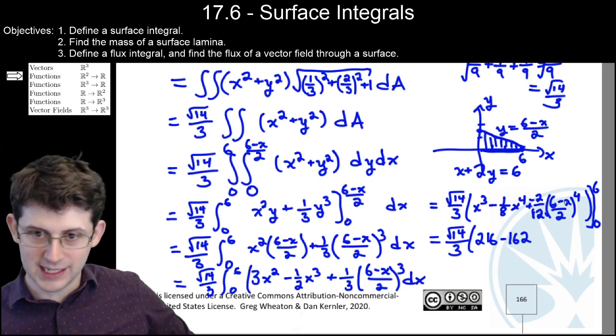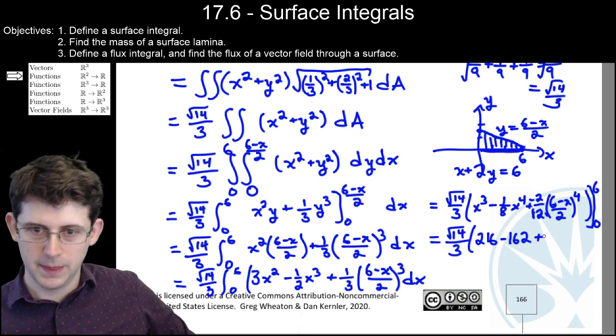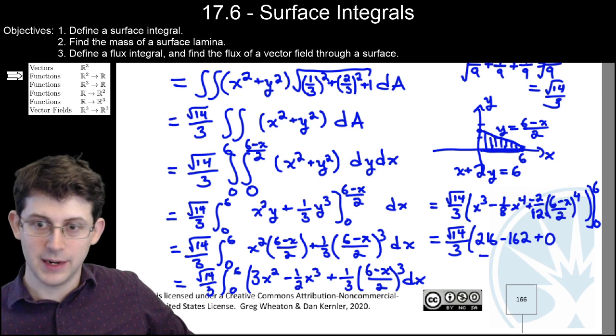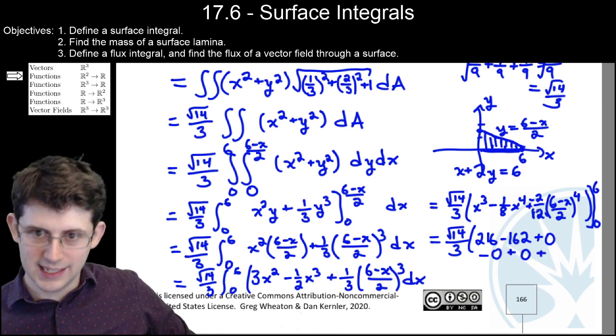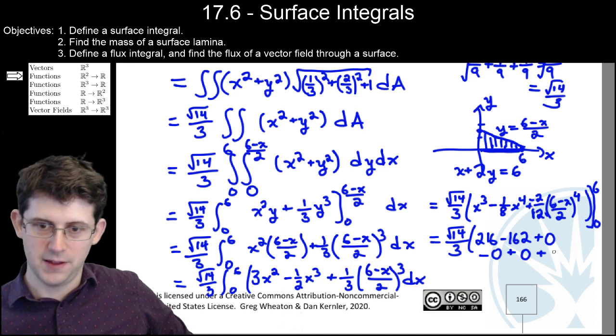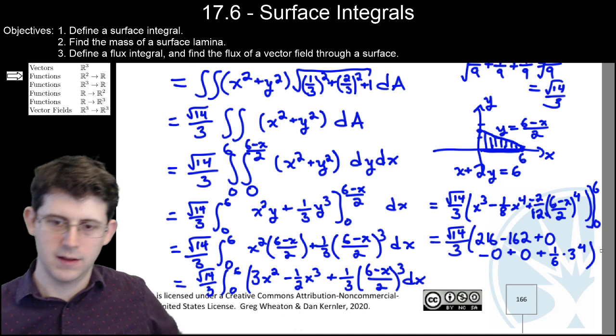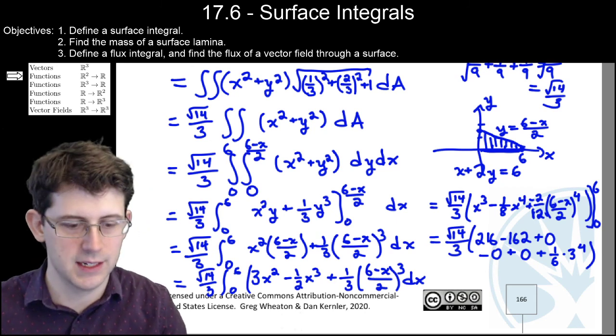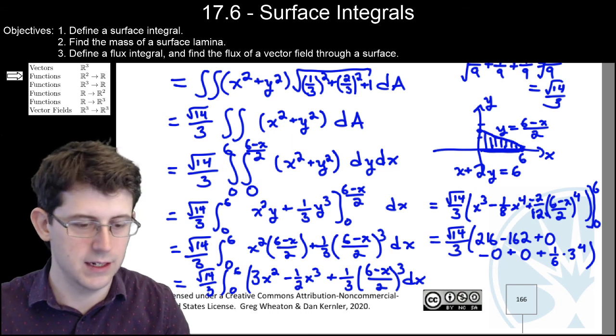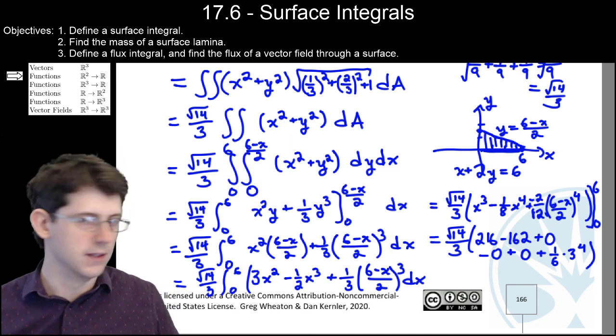And then when I plug 6 in for x here, I get 0. And then I need to subtract what happens when I plug in 0. I get a 6th times 3 to the 4th. One sixth times 3 to the 4th is 27 halves.